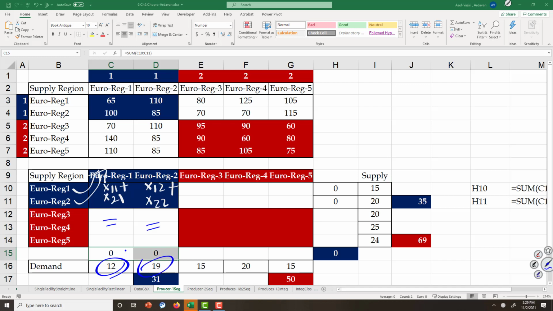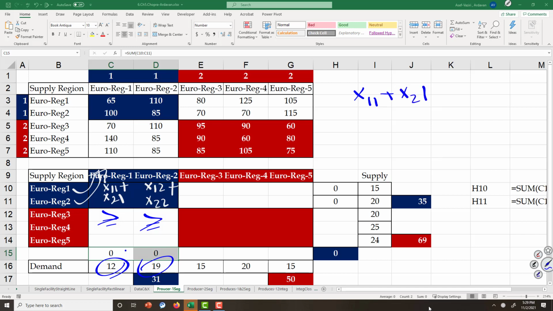In linear programming formulations, if you can use less than or equal or greater than or equal instead of equal, do it, provided that you don't damage the logic of the problem. For example, here I can easily, instead of equal, write greater than or equal. I could write X11 plus X21.